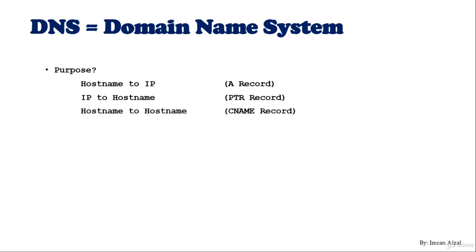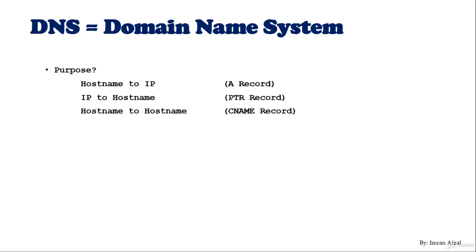And the last function of DNS is to translate host name to host name, and this is for translating a host name to an easier, alias type of host name. For example, Google probably has like 50 servers running in the background that serve their website google.com. But do you think the name on every server is the same name?